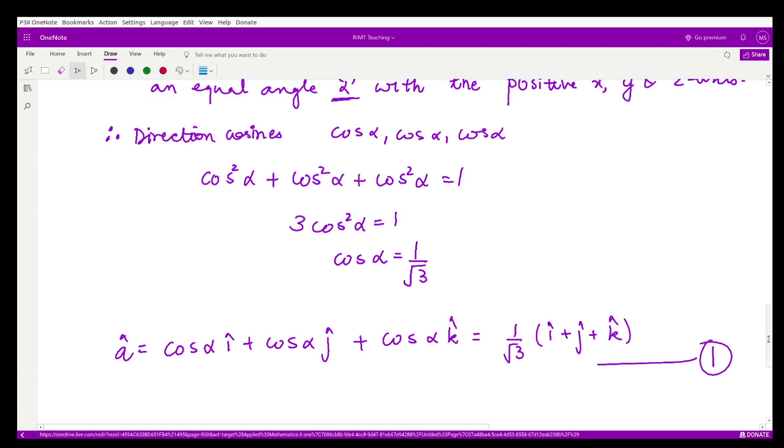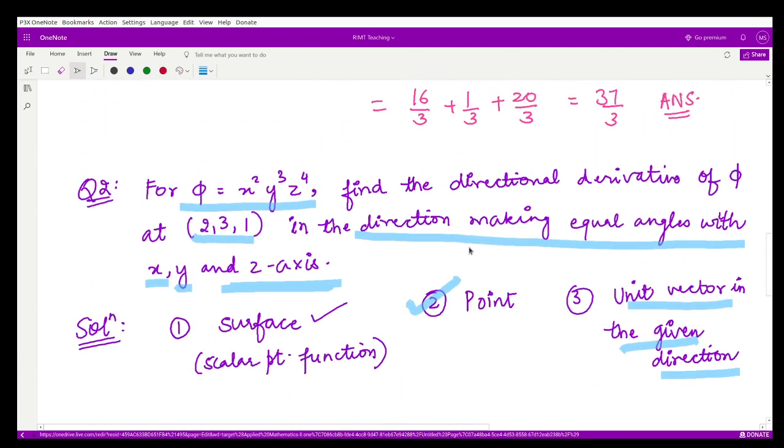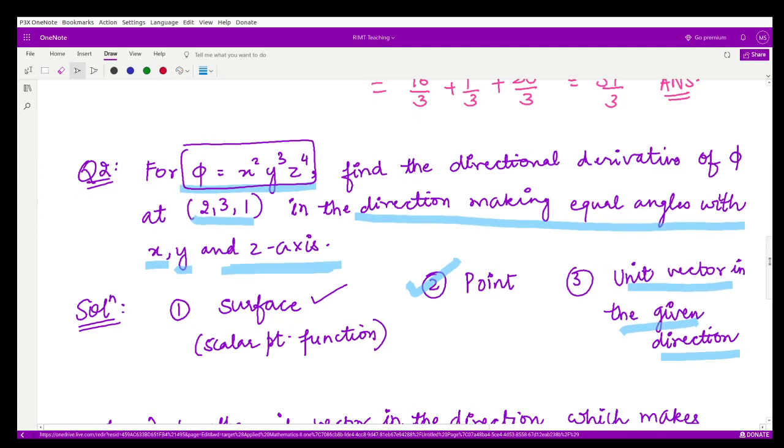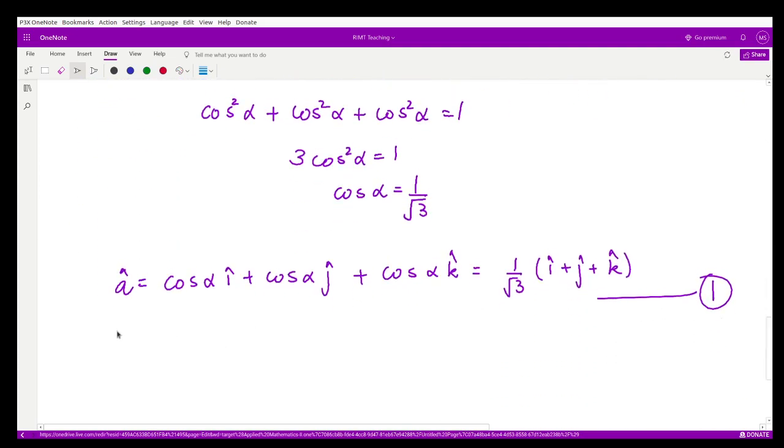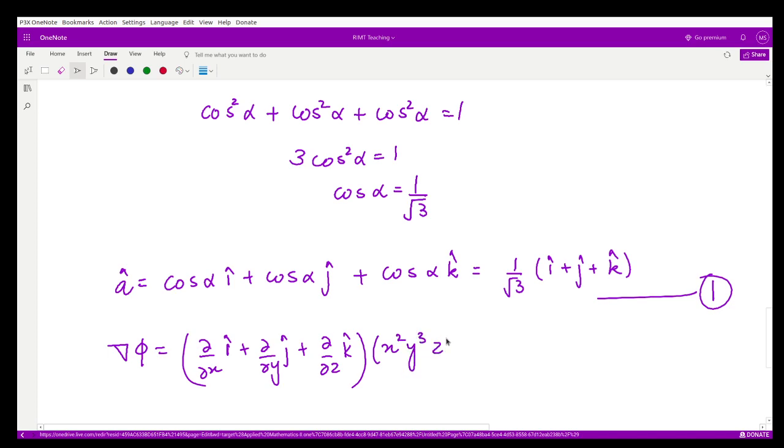Next thing that you wanted to calculate is the gradient of the given surface at the given point. So what is this? If you calculate the gradient of phi, it would be del by del x i cap plus del by del y j cap plus del by del z k cap of the given surface x square y cube z power 4.